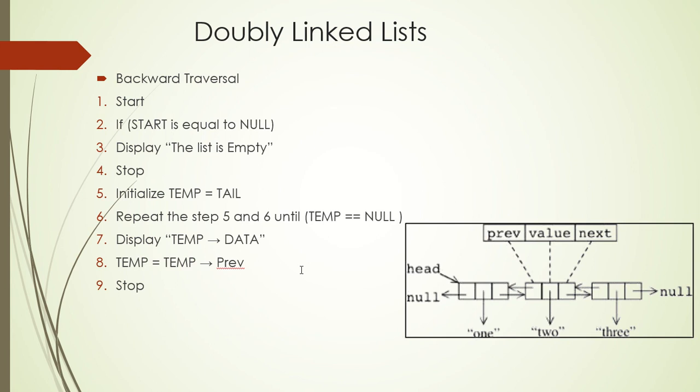If you are going for display, you can display it, or do whatever the traversal process is. Then you advance the temporary pointer to the previous node, and this goes on until it becomes null, which means you have reached the first part of the list. So this is about backward traversal. This is found only in doubly linked lists or circular doubly linked lists. It is not available for any other types of linked lists.